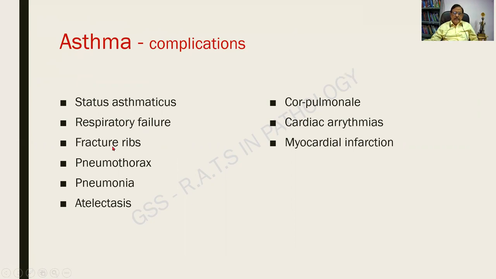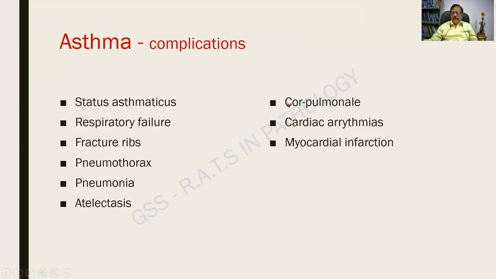And there is a violent inspiration and expiration that might sometimes result in fracture of the ribs. Pneumothorax, again, because of the rupture of the pleura. Air can enter the space leading to a pneumothorax. Pneumonia is due to a superadded infection. Atelectasis or collapse of the lung. These are all changes that can happen in the lung itself.